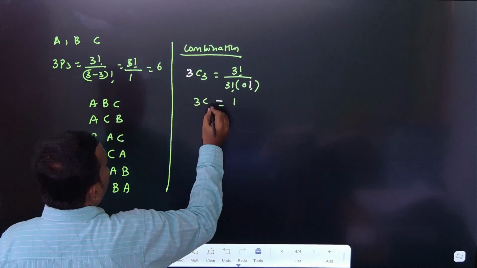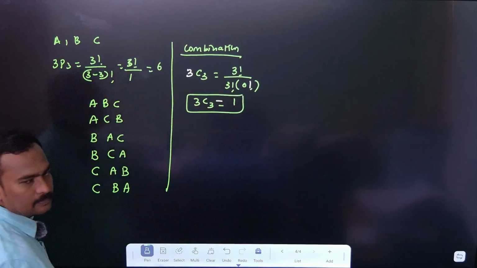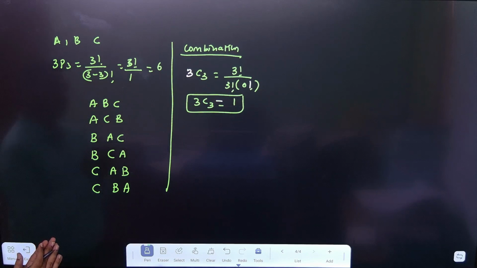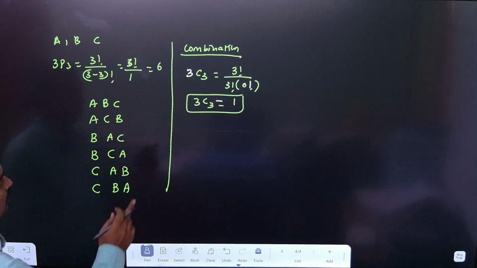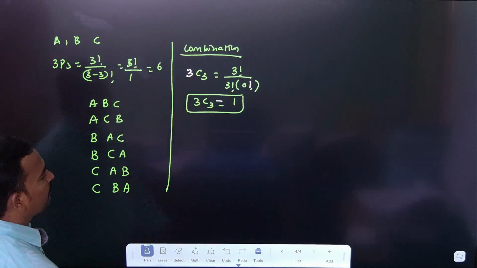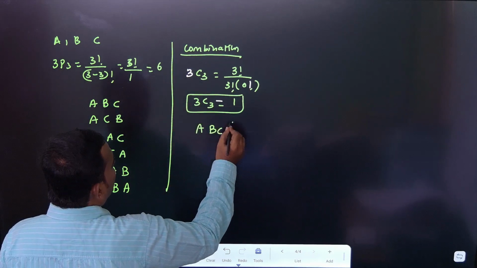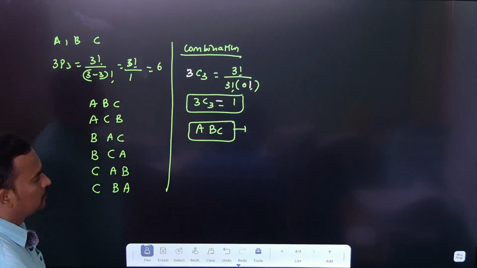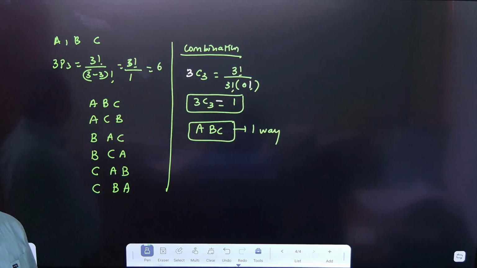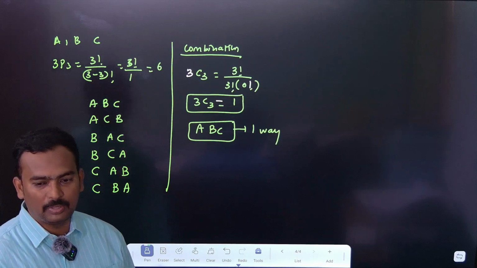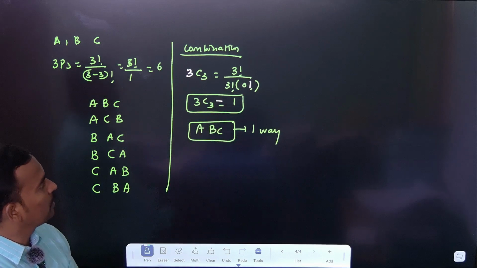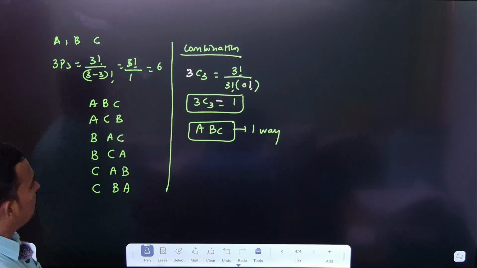So 3C3 is actually 1, right? Okay, this is combinations. You can see what are the ways you can write. 3C3 means there are 3 letters there, you can select all at a time. So A, B, C only, that is the only one way, right? Here 6 possibilities there for permutations. Here only 1 possibility. You can see the difference.